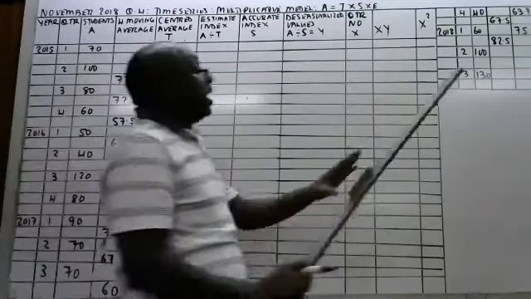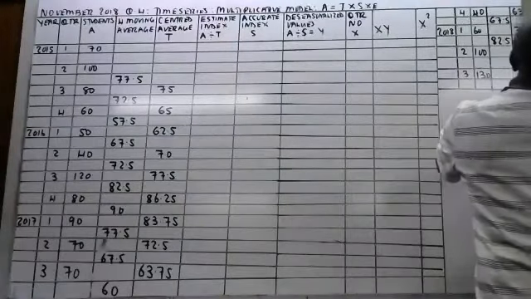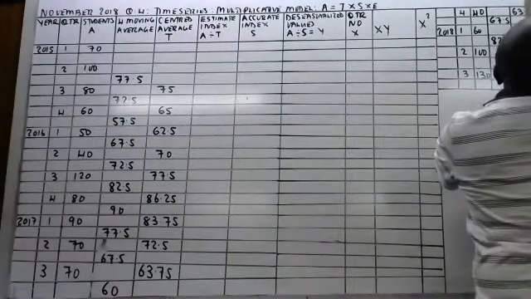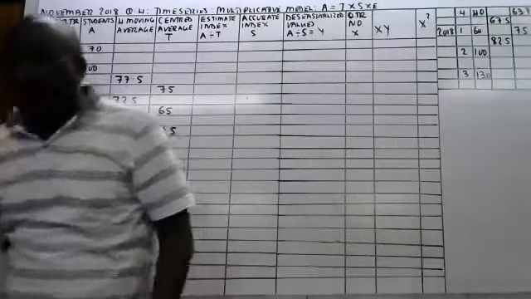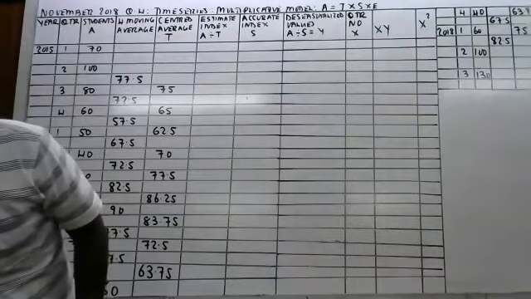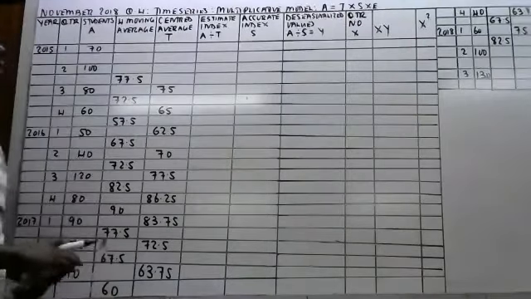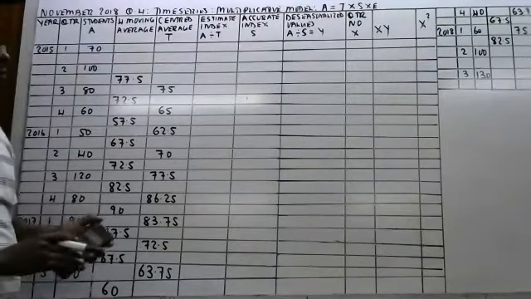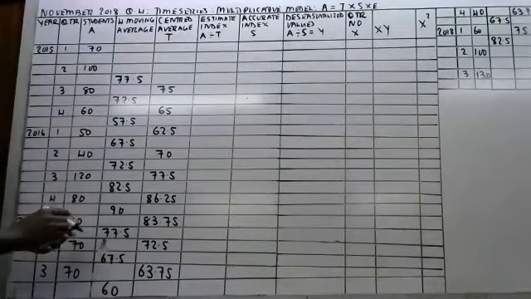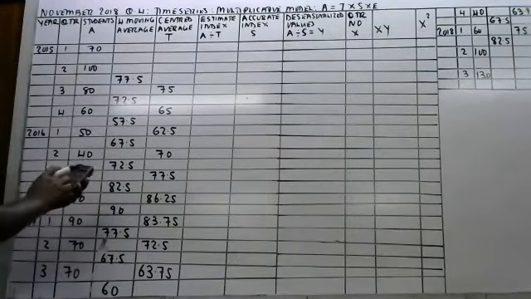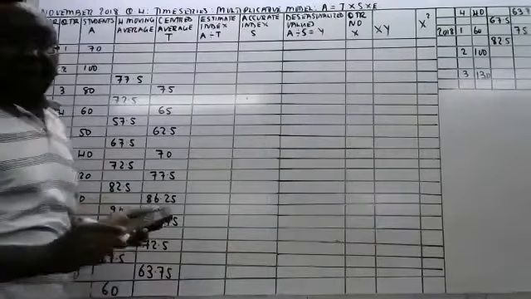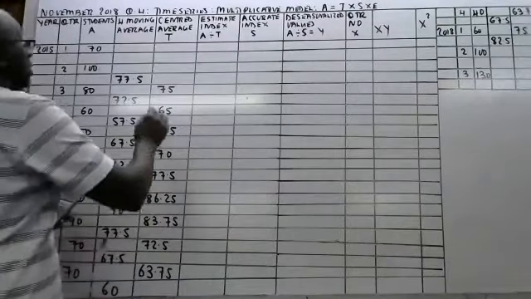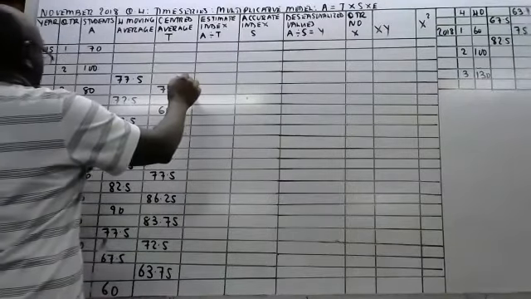So if we are together, the next thing is now to come here and divide. We will take 80 divided by 75. Let's confine ourselves to 4 decimals. I hope the space will be enough.